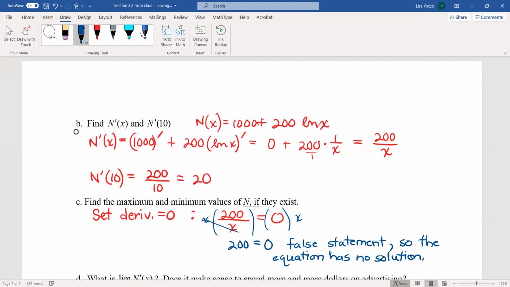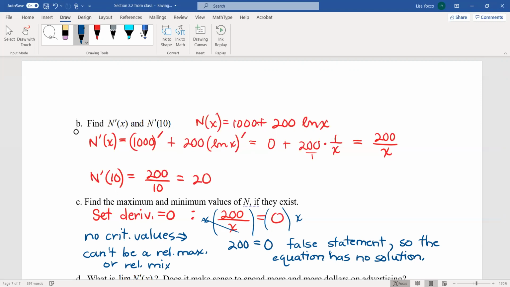So what in the heck does that mean? If there's no solution, that means there are no critical values. If there are no critical values, that means there can't be a relative min or relative max, because that's the only place that the relative max or min could occur.